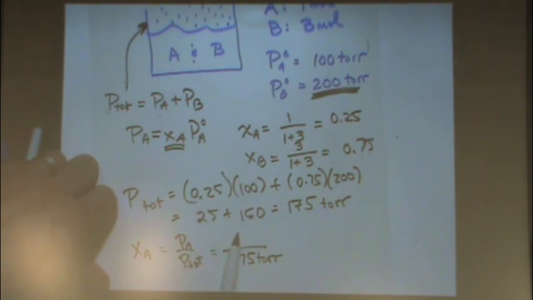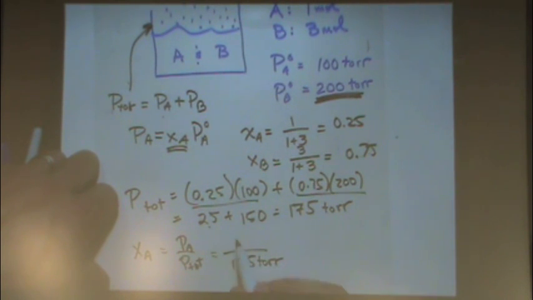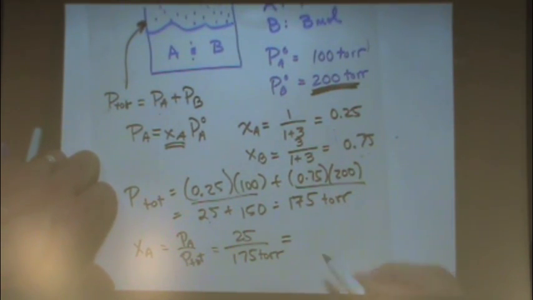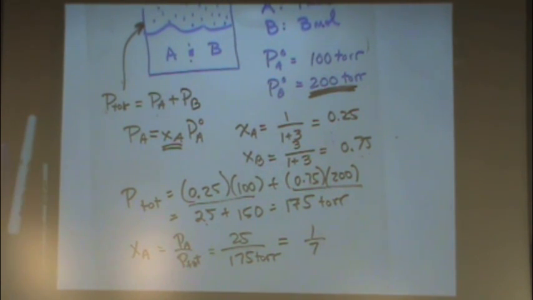It's 25. Remember, this is the partial pressure of A. So it's 25 over 175. That's about 0.14.